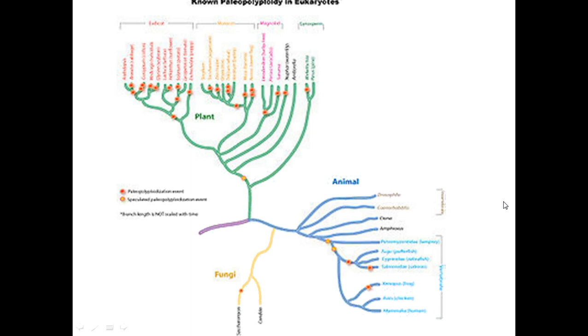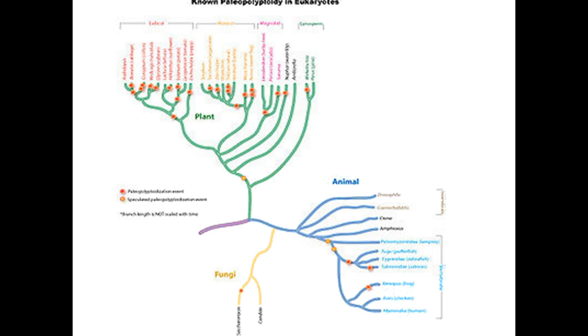All right, this phylogenetic tree didn't turn out so well on this slide, but what it's supposed to show you is here in green, these are all the plants. In blue are all the animals. In yellow, all the fungi. So what's this little purple line supposed to represent? Yeah, which is? Protists.